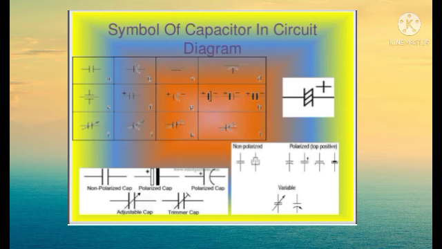These symbols of capacitors are used in circuit diagrams. There are different types of capacitors: non-polar capacitors, polar capacitors, adjustable capacitors and trimmers. The figure shows the different types of capacitors.